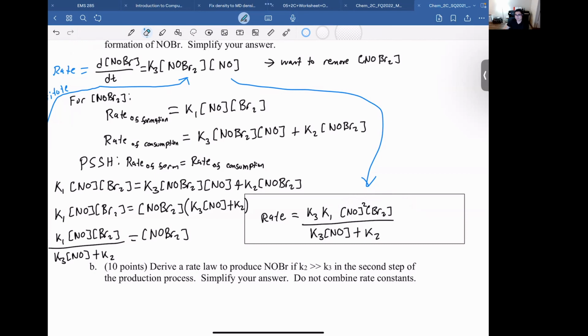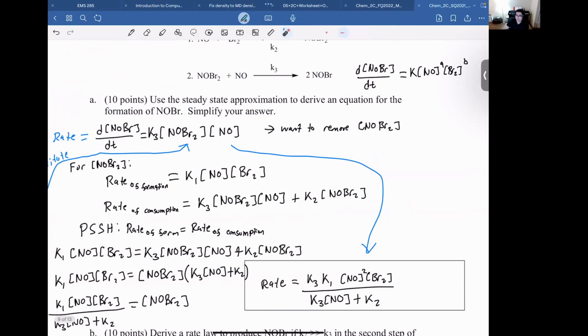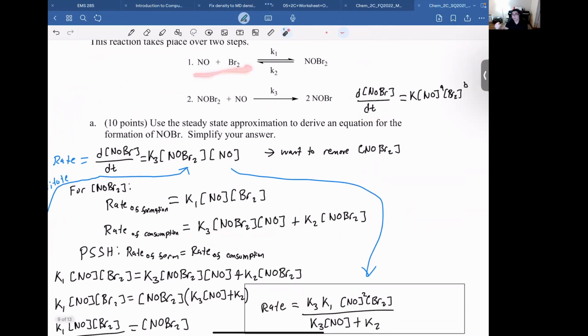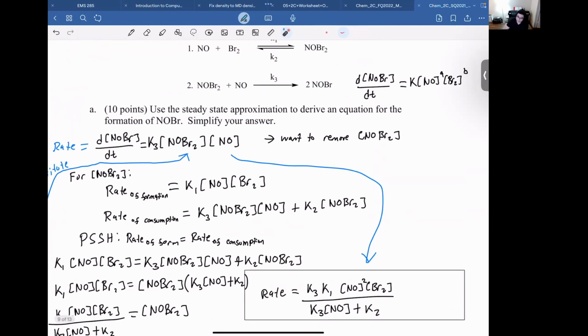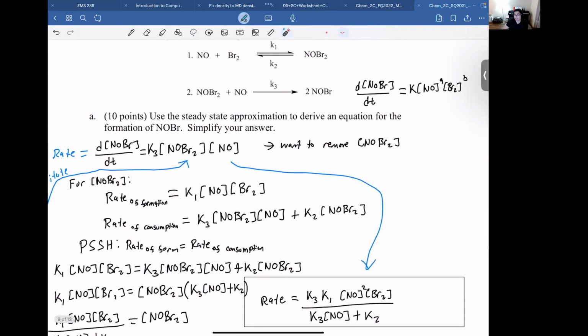That is it. So again, the logic behind this is you want an overall rate law in terms of your original reactants, right? Just the reactants in the first step. You find the step, typically the rate determining step, that determines how quickly the formation of what you want is forming.